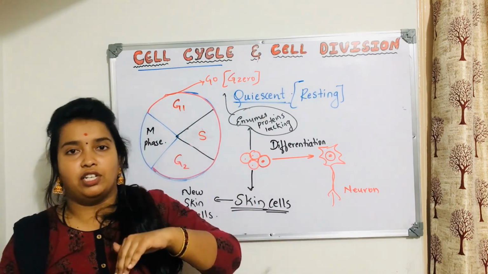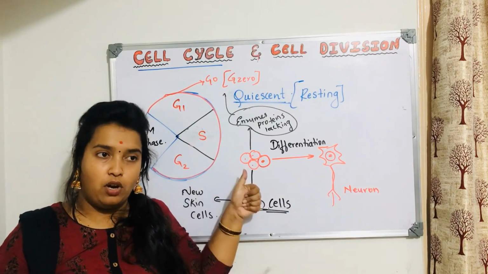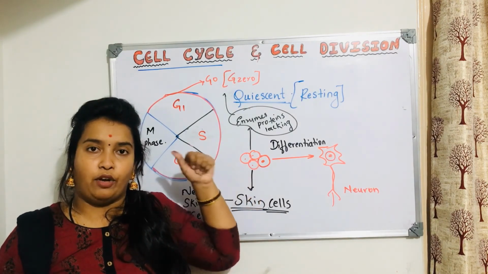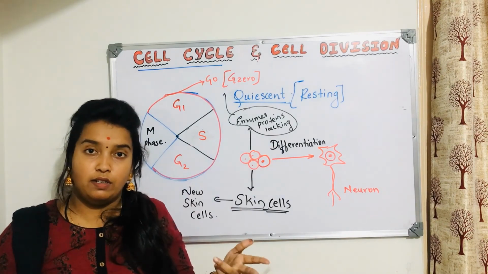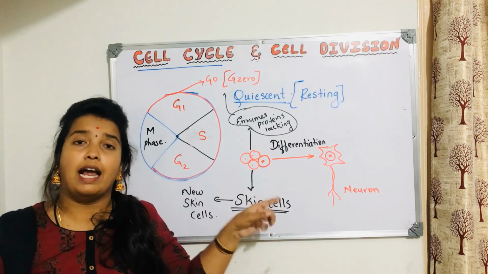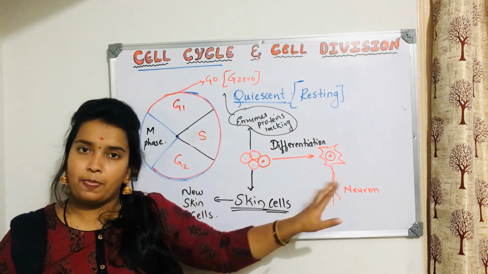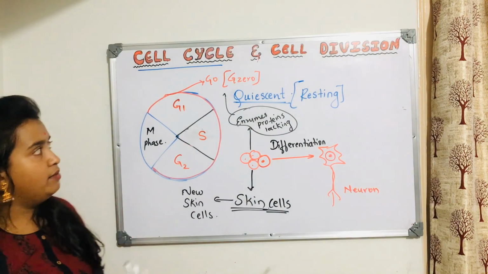Even after differentiation, it can come back. Are you understanding this? G0 for the sake of food, proteins and enzymes. G0 with temporary differentiation. G0 with permanent differentiation. Clear? I hope I made it clear.